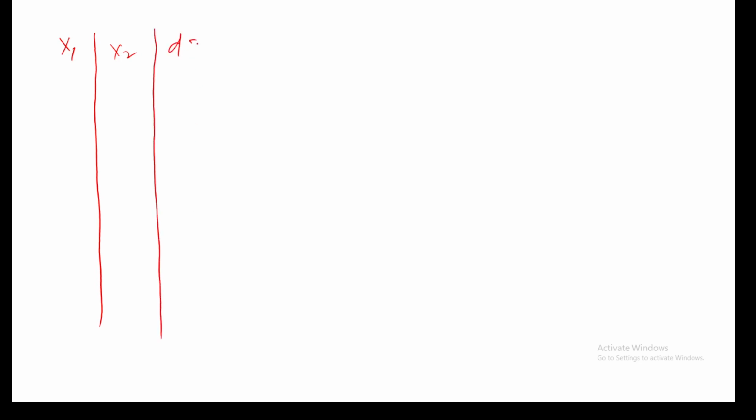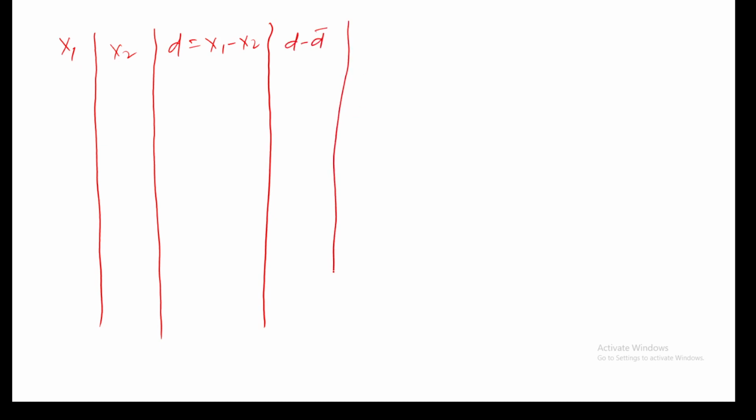So we will create the data set. First one is x1, second one is x2, third will be x1 minus x2, then d minus d bar, then we will calculate d minus d bar whole square.